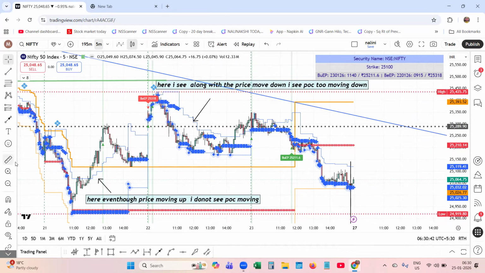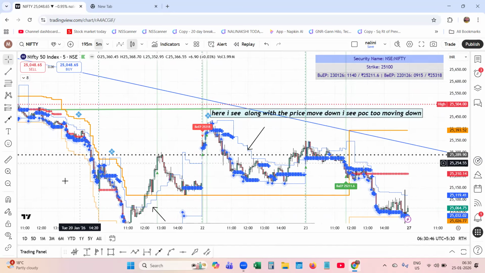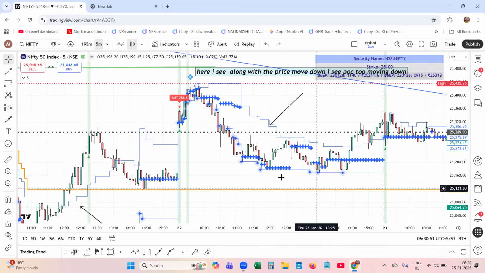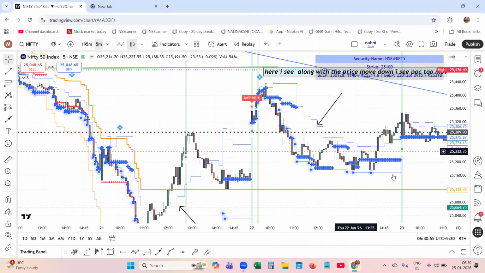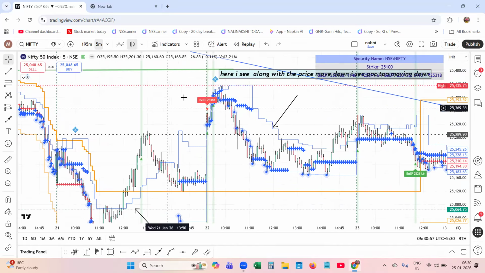And here you can see the price started moving at this level. So they do rotation, because they rotated the price like this. They indulge retailers into the trade, both buyers and sellers.